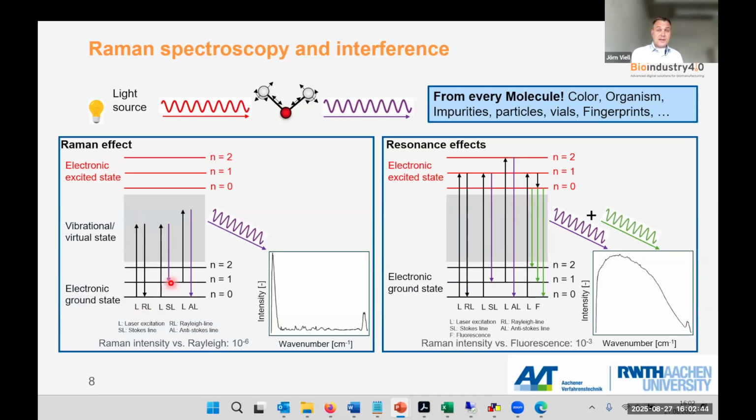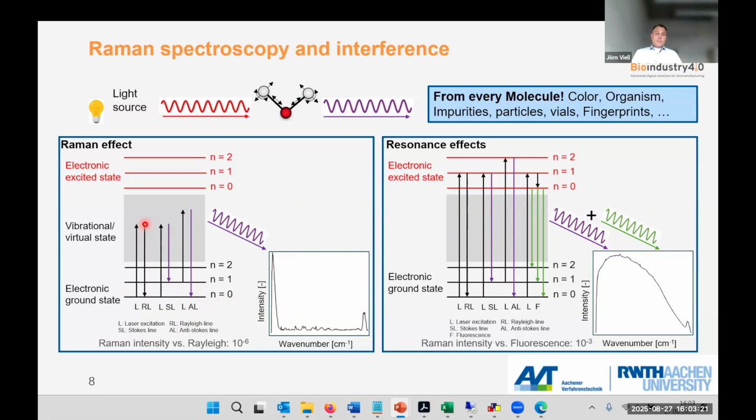Because energy and mass transfer always involves a loss of energy, you get some light that is shifted in its wavelength. And that's exactly what we detect as the Raman spectrum. There is in principle also anti-Stokes scattering, which is not relevant in practice, I would say, but the Stokes scattering gives you a Raman signal shifted to longer wavelength, thus lower energy, in comparison to what the incident light has brought in.